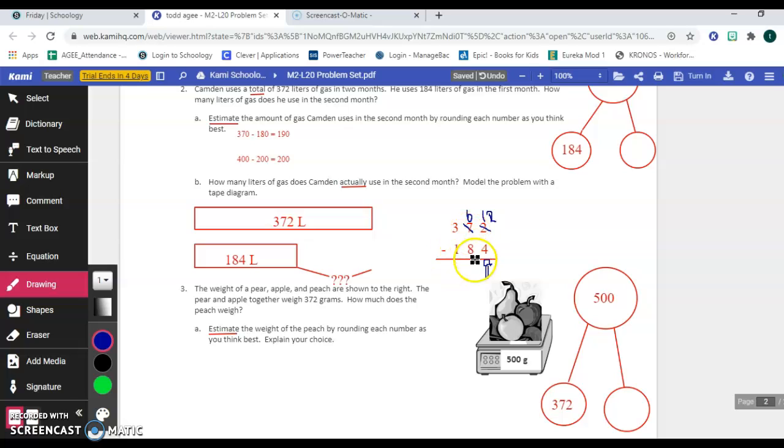There we go. 6 minus 8, can't do that. So I've got 2 hundreds. I'm going to transform 100 into 10 tens. That makes 16 tens. Minus 8 is 8. And 2 minus 1 is 1. So you can see the actual difference is 188.